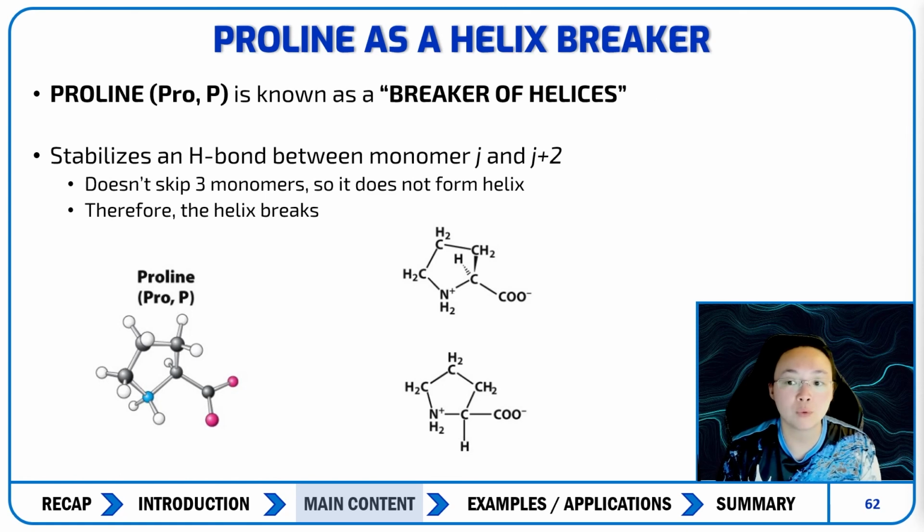So if you have proline, it's going to stabilize a hydrogen bond between a different set of monomers and thus destroys or changes your entire alpha helical shape completely. So this actually causes the helical structure to break and start to misfold, and proline is commonly known as something that promotes protein misfolding. So that's just a nice summary as to what happens when things go wrong.